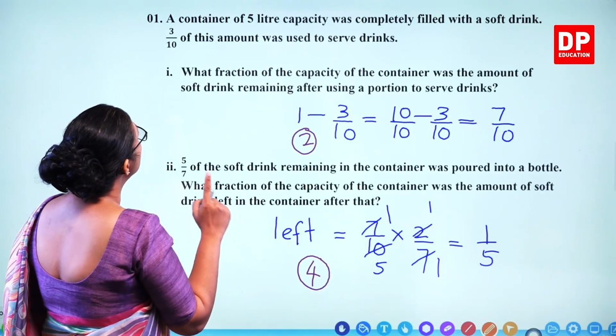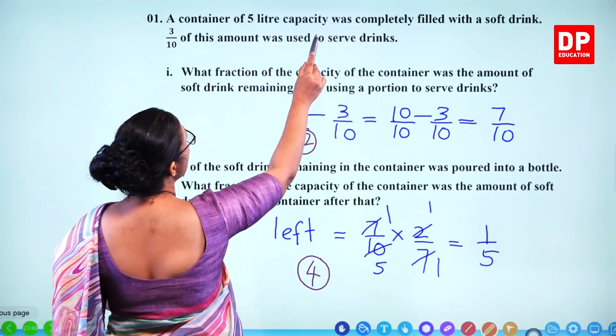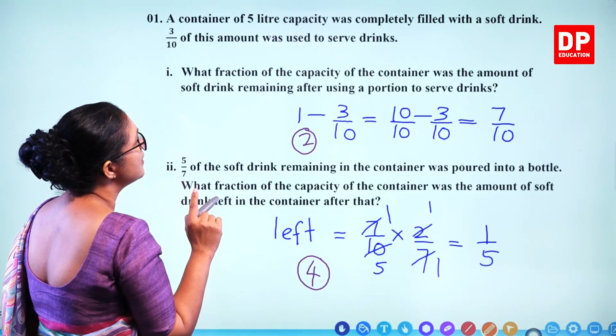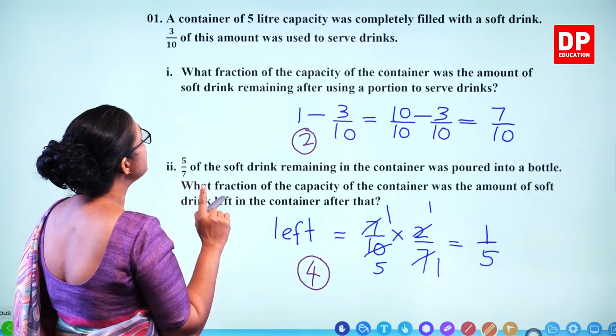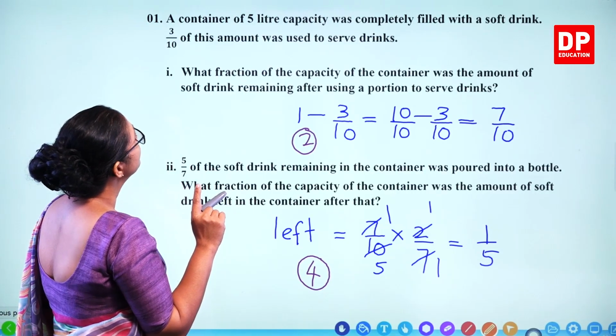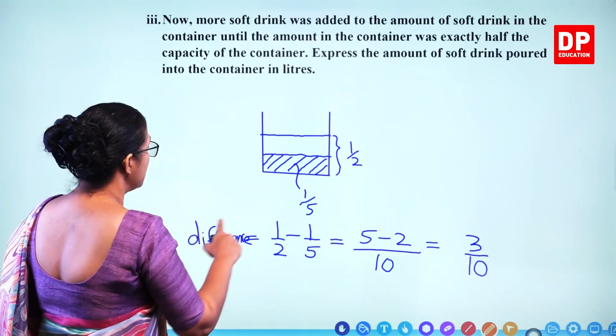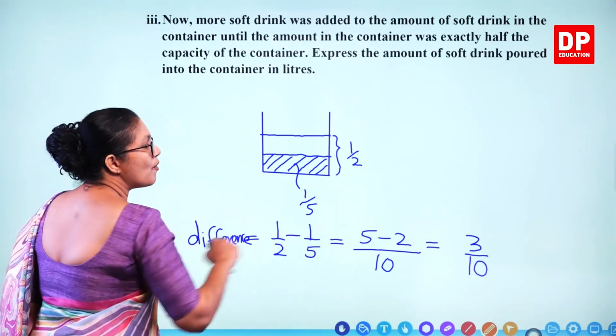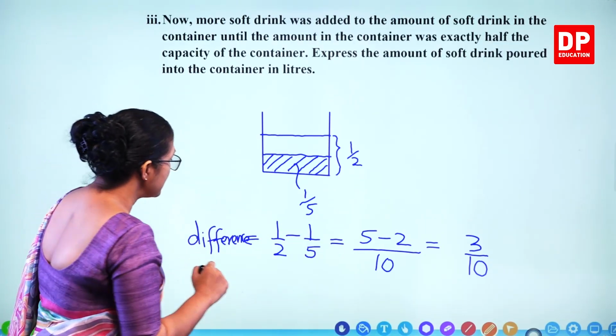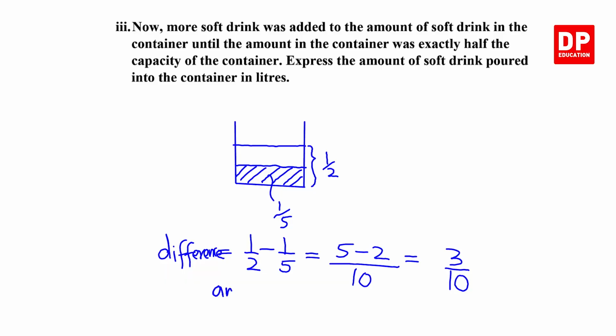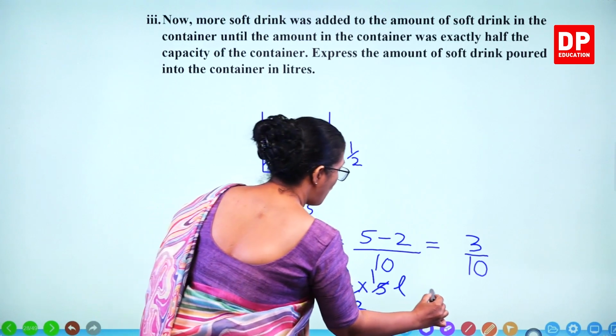It says a container of 5-liter capacity was completely filled with a soft drink. 5-liter capacity. So this whole thing is 5 liters. So 3/10 of 5 liters. 5 times 1, 5 times 2. 3/2.